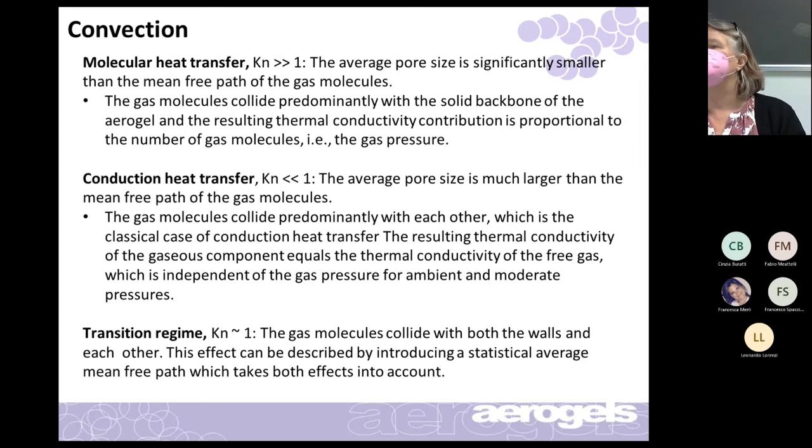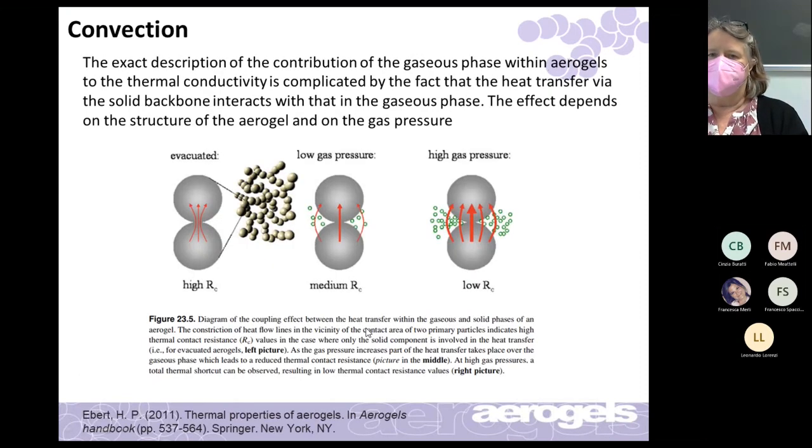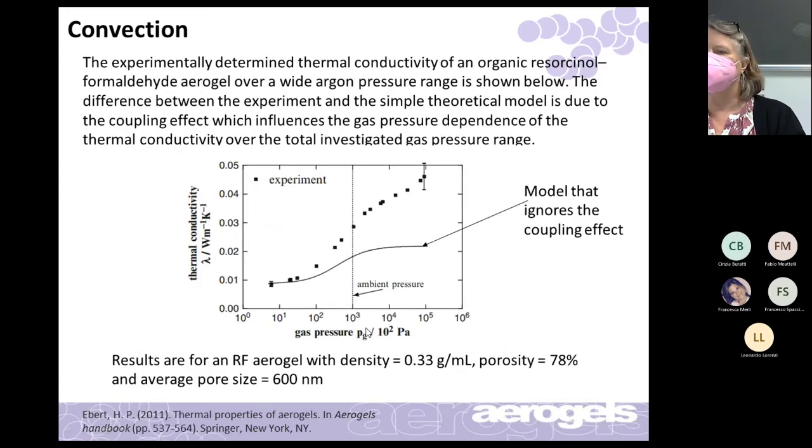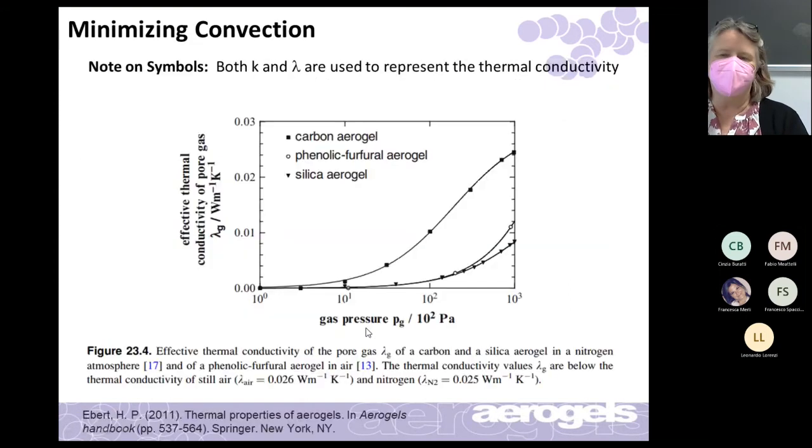If it's like a channel, it doesn't have all these small pores, like a hole. Yes, exactly. That's exactly what's happening. Okay. Other question? Okay, good. I like questions.